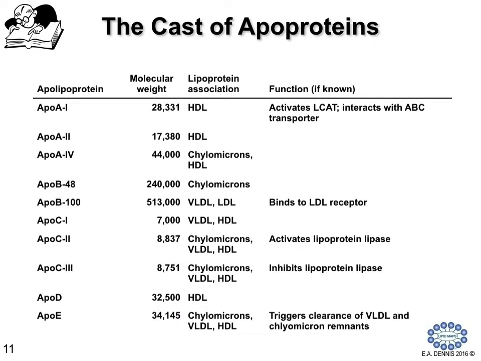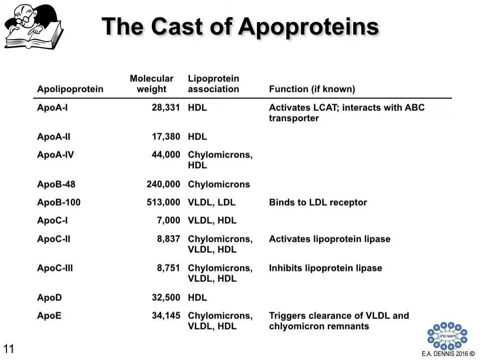The pure protein part of the lipoproteins, the so-called apoproteins, are named in the order somewhat in which they were discovered. So ApoA is in HDL, and there are many forms of ApoA, ApoA1 and ApoA2 particularly prominent.